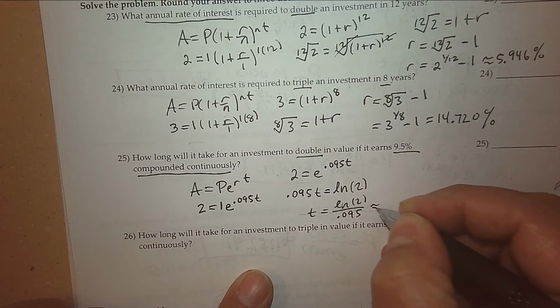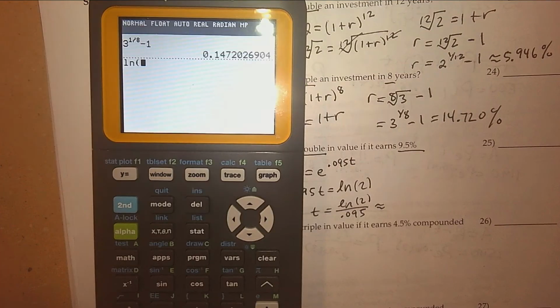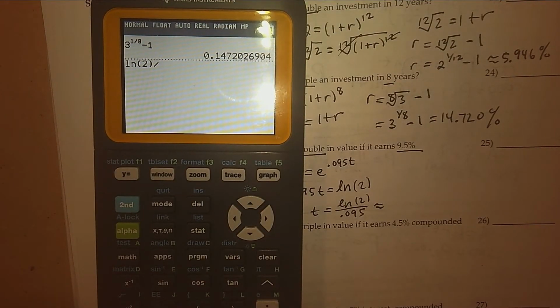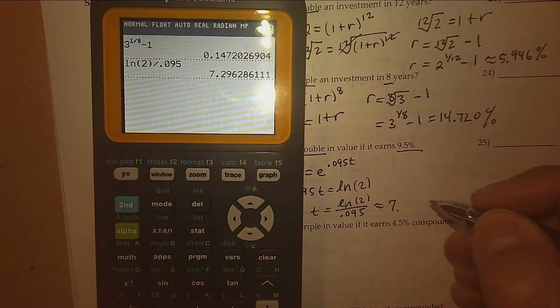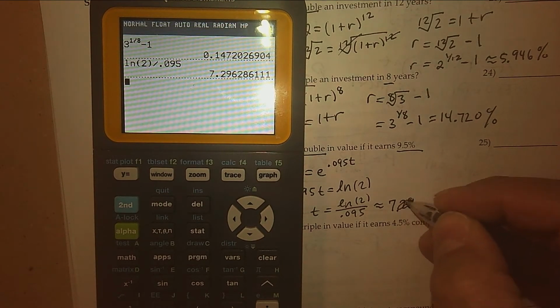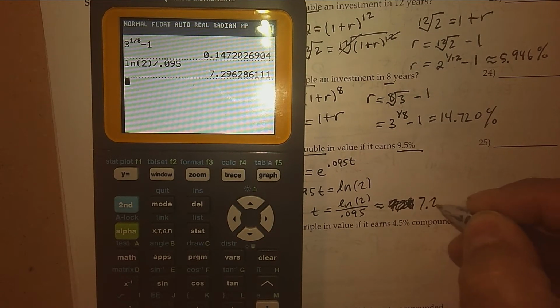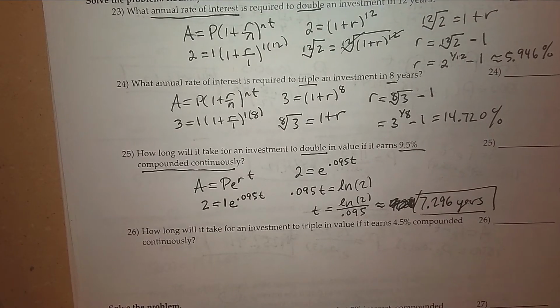That's what I put in my calculator. So again, ln 2 divided by 0.095, and you get 7.296. In this case, it's in years. So that's how long it would take to double your money with that interest rate.